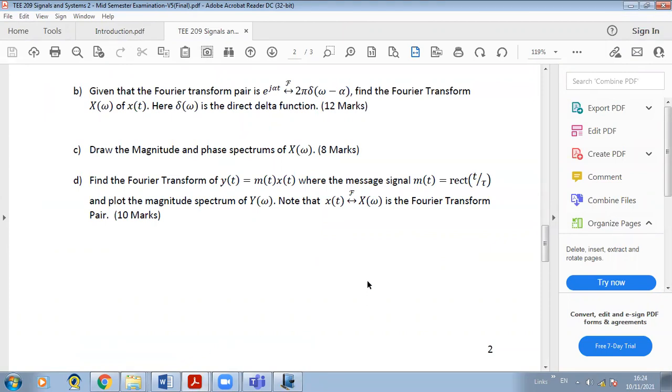We are given that the Fourier transform of x(t) is already known.